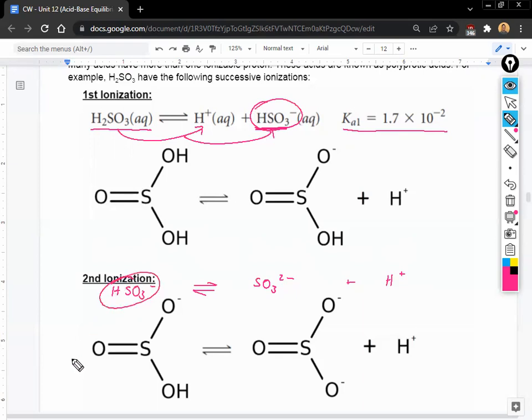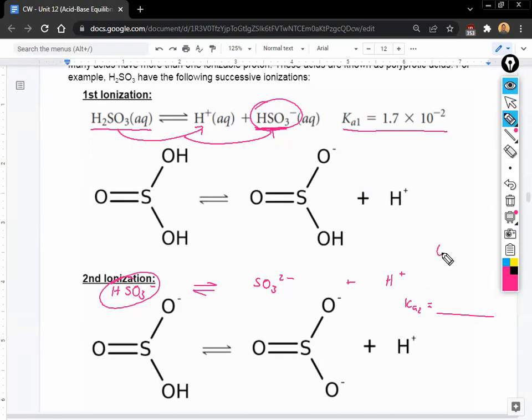Kind of annoying, huh? And as you might guess, if there's a Ka1, there is a Ka2. The number is different for the second ionization because HSO3 minus is a different acid than H2SO3, which means it's going to have its own unique equilibrium constant. Does that make sense, guys? Hopefully it does. I'll give you the value for Ka2. It's underneath, but I can't show everything at one time.